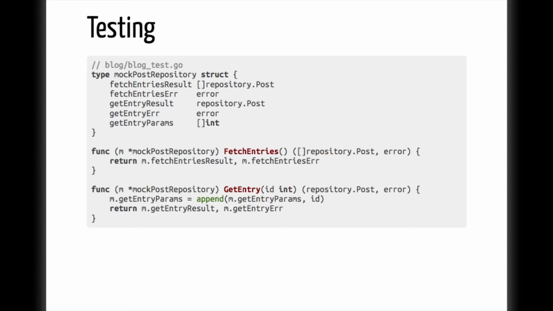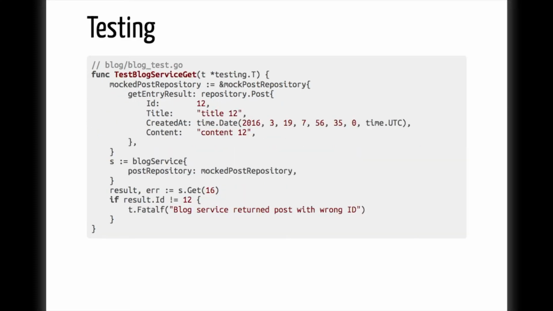And here, to test a blog repository, we create a struct that serves as a mock repository. It's quite simple. It simply returns the data we just passed to it.